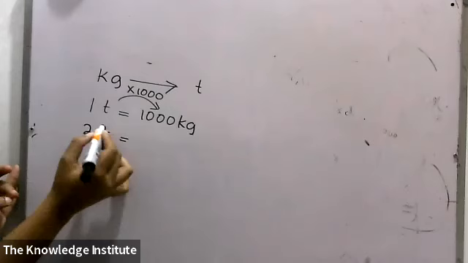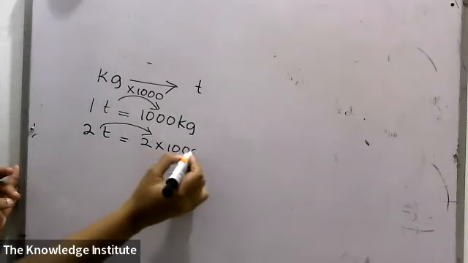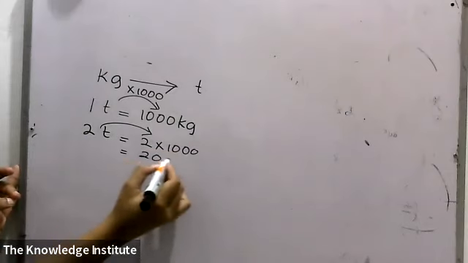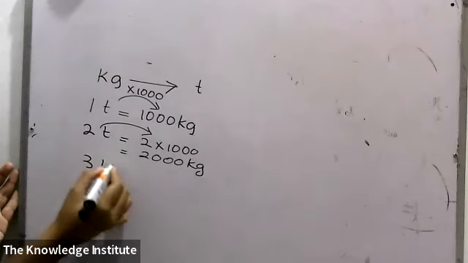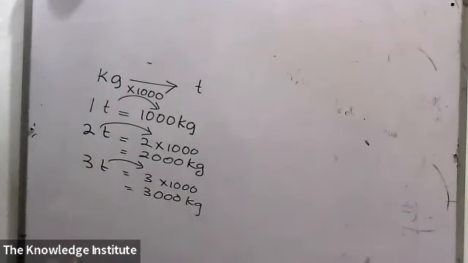So to get kilograms, we multiply 2 by 1000, which gives us 2000 kilograms. 3 tons is 3 into 1000, 3000 kilograms. All these things are easy. We are just adding 3 zeros.